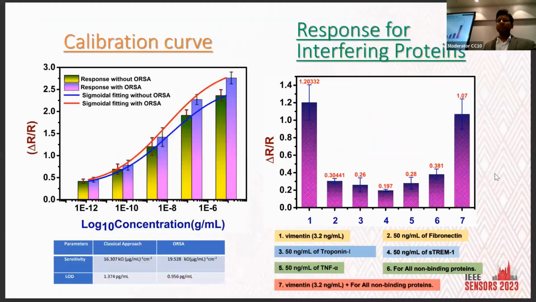So when we plot the calibration curves, we can see in the first figure that by using the ORSA algorithm, the steepness of the calibration curve has increased, and that's why the sensitivity has been enhanced, as well as we have got a lower LOD with respect to the other normal techniques.